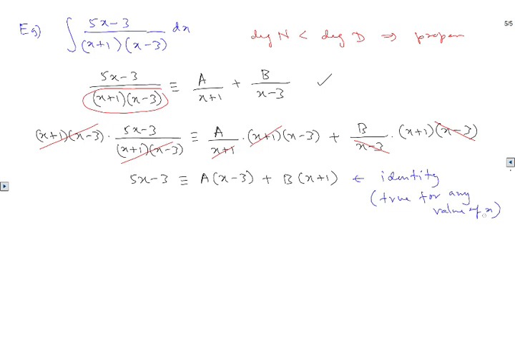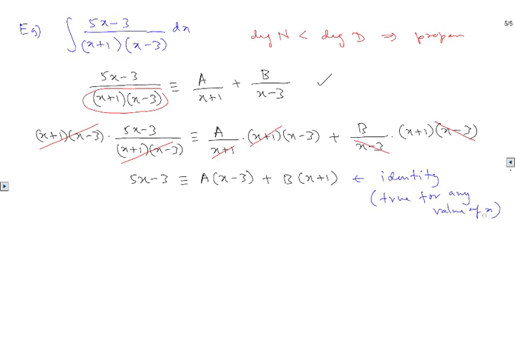So you can plug in any x value and it is true, but there are some special values that make the calculation faster. Let's say you want to find a. You try to make the coefficient of b 0. If you plug in x equal -1, x plus 1 becomes 0, so that term goes away and you get a.